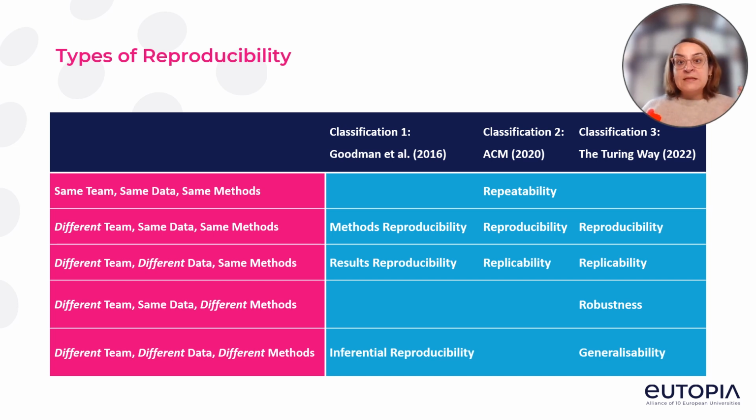Repeatability: same team, same experimental setup, same data, same measurement procedure, same measuring system under the same operating conditions in the same location on multiple trials. So for computational experiments, for instance, this means that a researcher can reliably repeat their own computation.